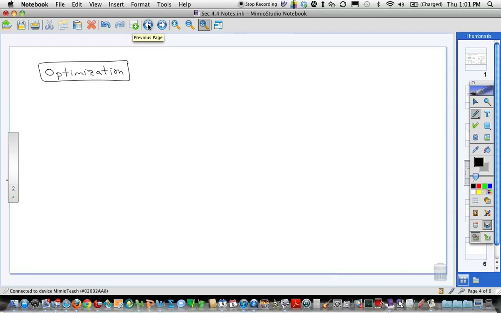Now, in your notes you might want, and I hesitate to say a recipe or a list of steps, follow this, and then you'll be able to do it. You really need to just understand the concept of what you're trying to do. But sometimes it's helpful to have the steps of what's going to happen.